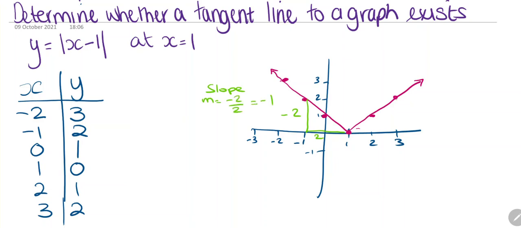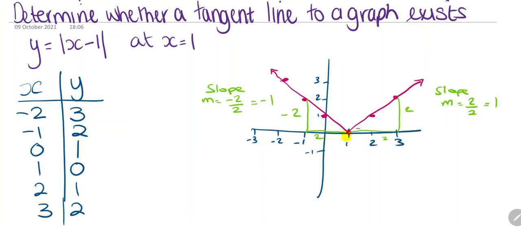And then if we did that this side, 2 and 2, so the slope m is going to be 2 divided by 2, which is 1. So we can see graphically that they have different slopes at the point of x is equal to 1.